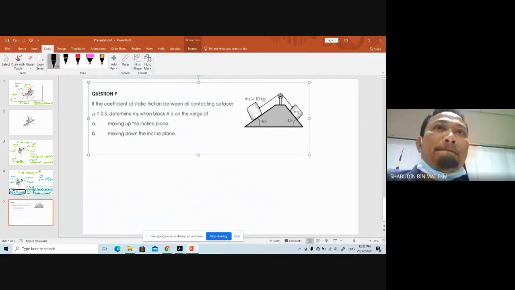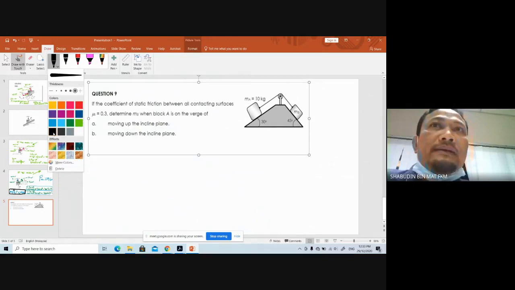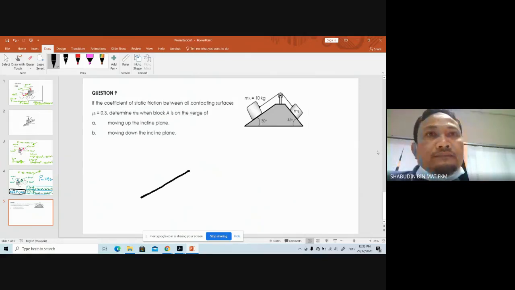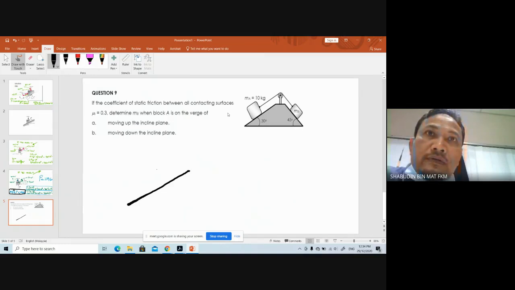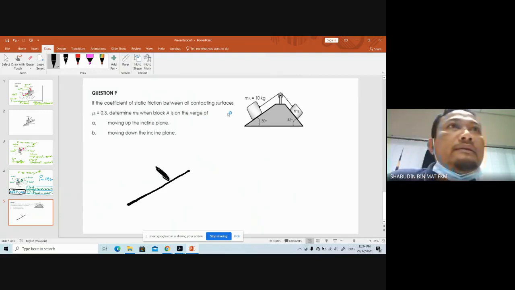Draw that object there. You have an object there.